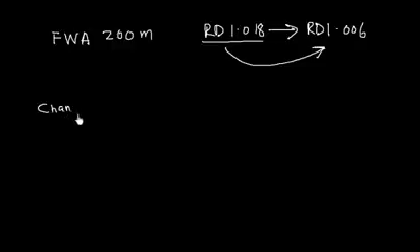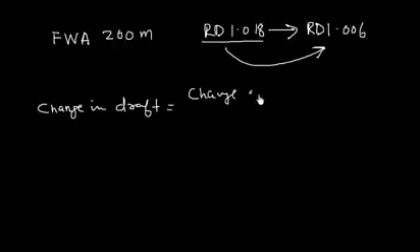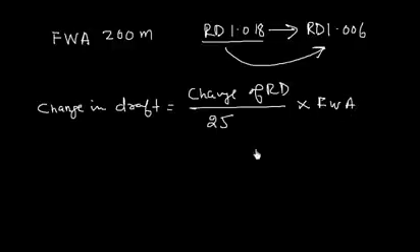Well, we have just calculated this. The change in draft is going to be change of RD divided by 25 multiplied by freshwater allowance. So now change of RD is 1018 to 1006, and then I can multiply it by 1000.